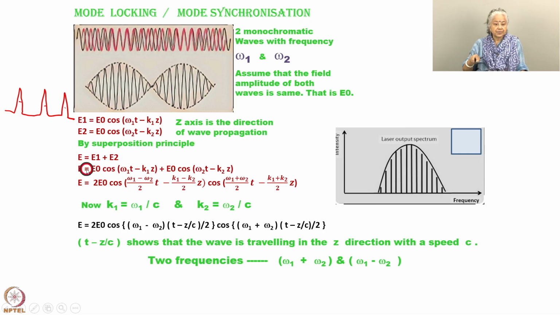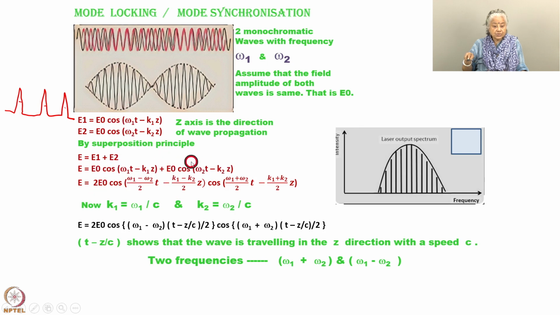Now by the superposition principle, E, the final wave, is equal to E1 plus E2. So I put E equal to E0 cos(omega 1 t minus k1 z) plus E0 cos(omega 2 t minus k2 z).